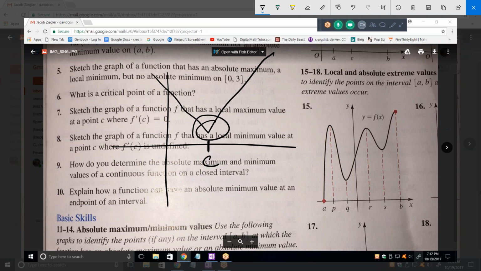You have to examine cusps and corners as well as where tangent lines are horizontal. So 6 definitely expands that original definition I said to include places where the derivative is not defined.